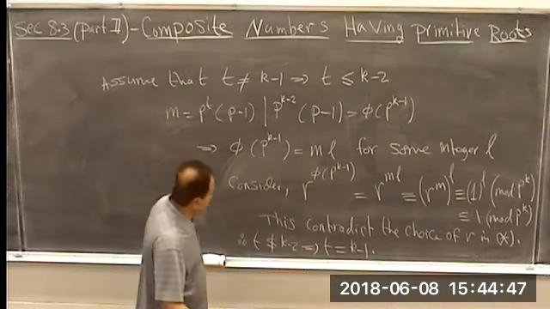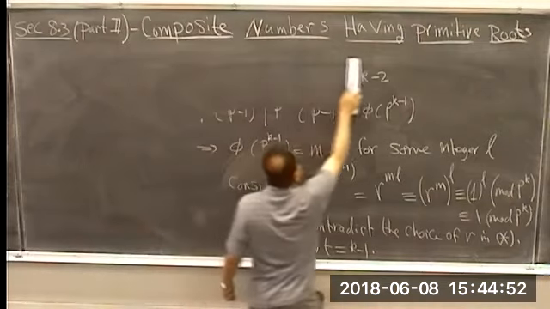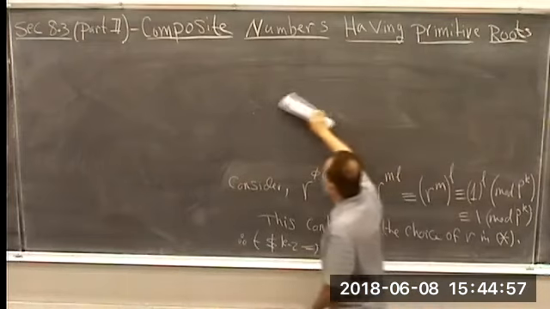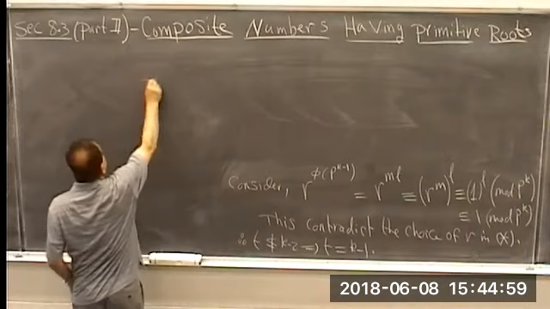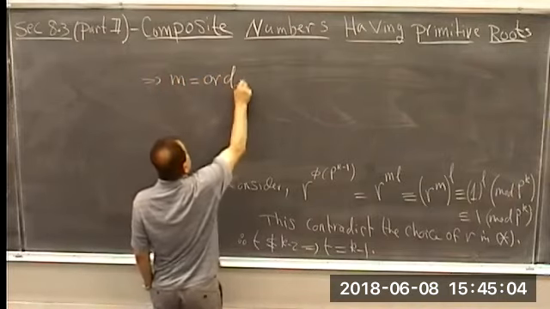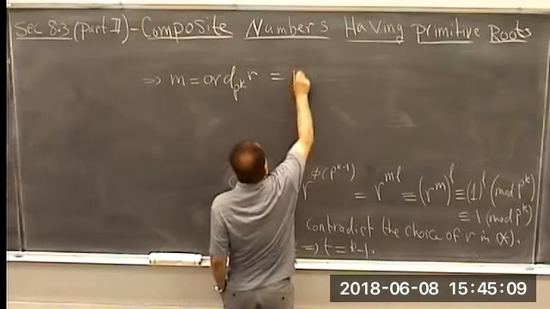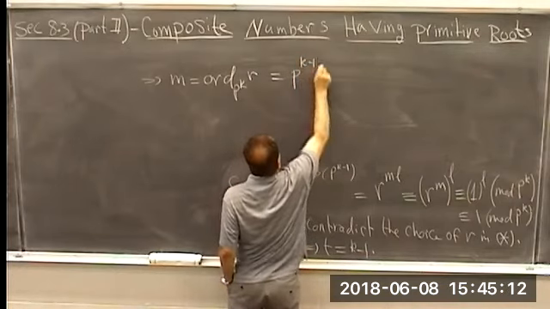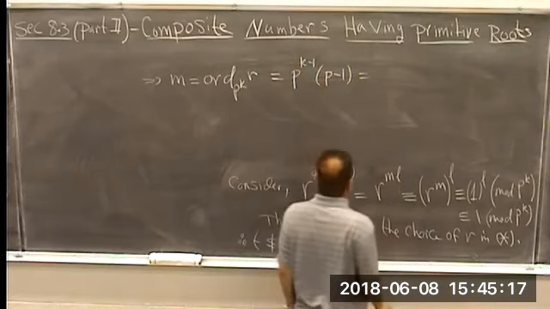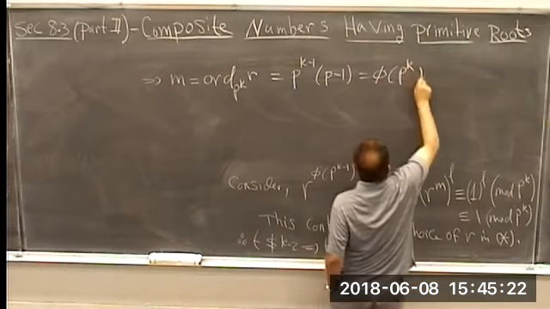And what does this mean? This means m, which is the order mod p^k of r, is in fact equal to p^(k-1) times (p minus 1), and this is equal to phi of p^k.